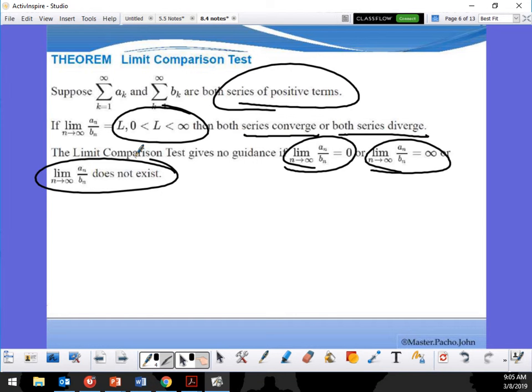So it's here, here, here: no guidance. That means the test fails, so you don't really know what you're going to get. You have to try a different test. You're going to have multiple tests later on. We're going to have power series and all kinds of weird stuff.